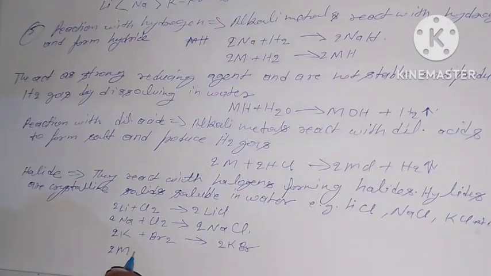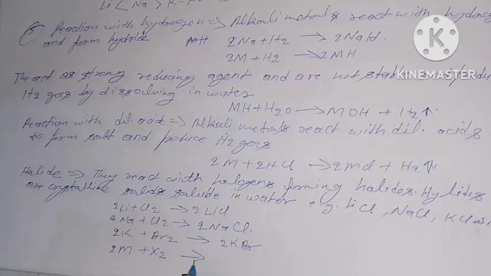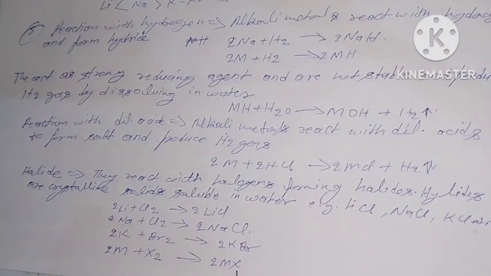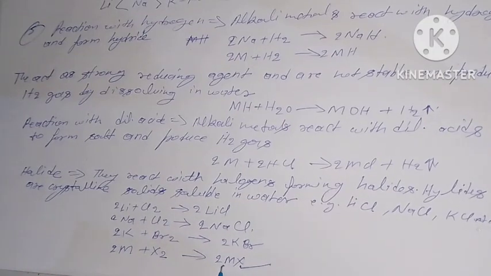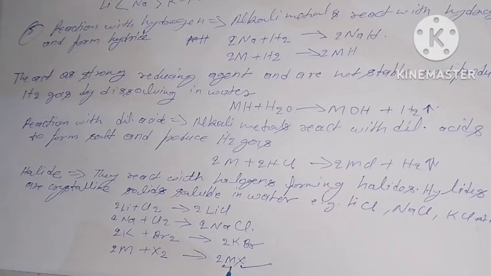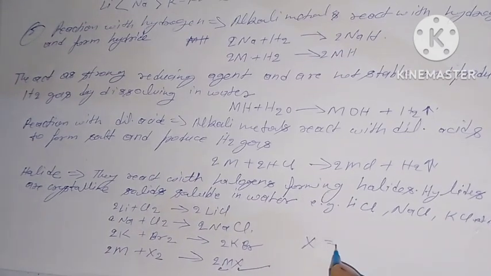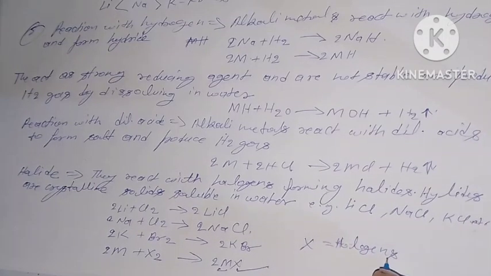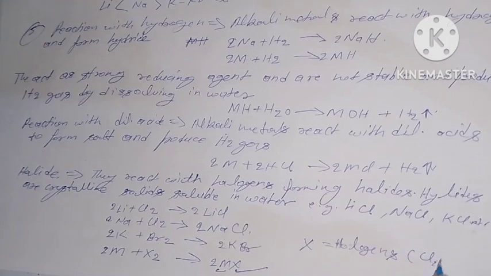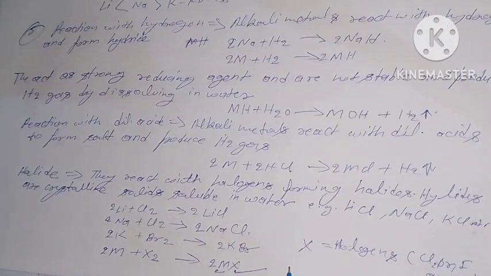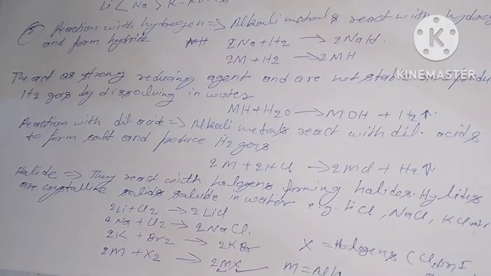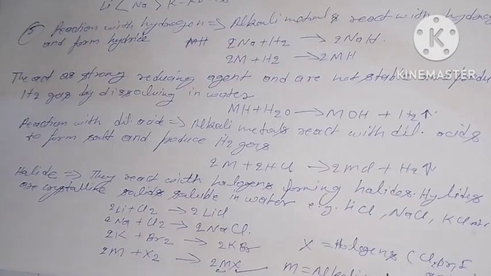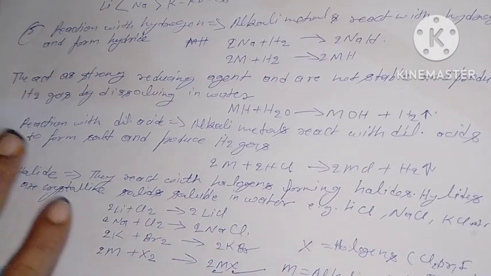In general, 2M plus X2 gives 2MX, where X is halogens, that means chlorine, bromine, iodine and fluorine, okay. And M is alkali metals, okay.